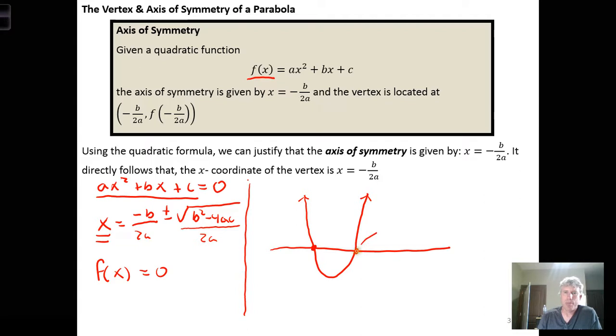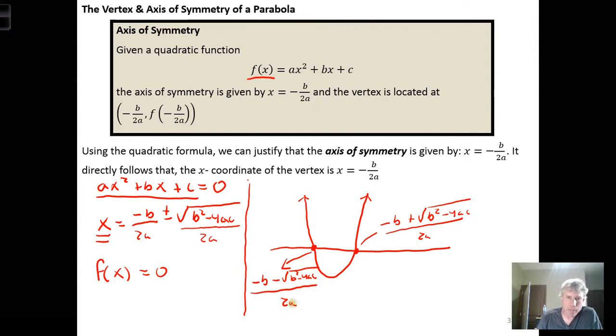So the x value at this x-intercept is going to be negative b over 2a plus the square root of b squared minus 4ac all over 2a. And the x value at this other x-intercept is going to be negative b over 2a minus the square root of b squared minus 4ac all over 2a, or just negative b minus the square root of b squared minus 4ac all over 2a.